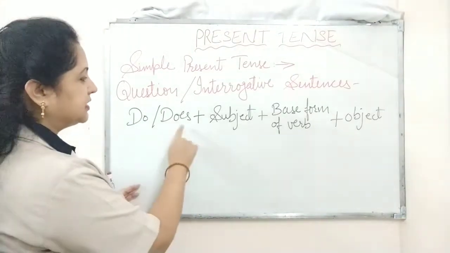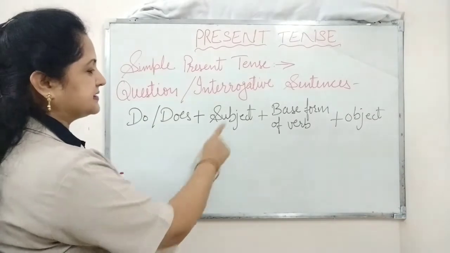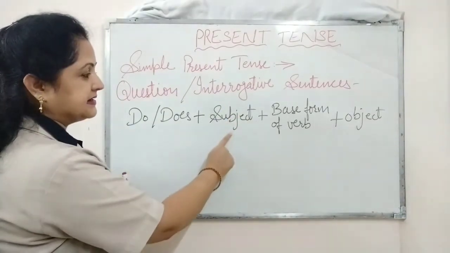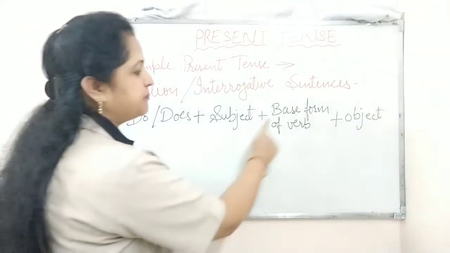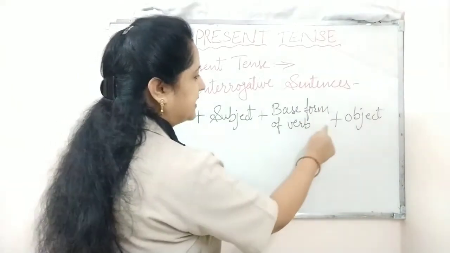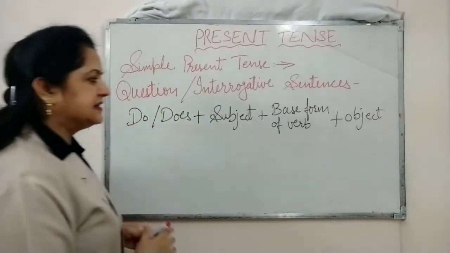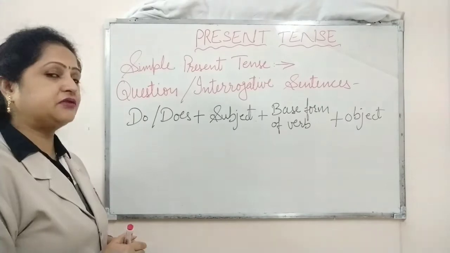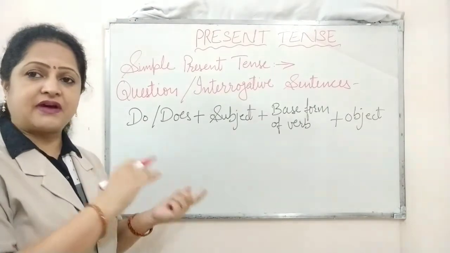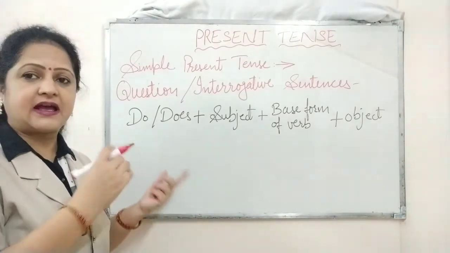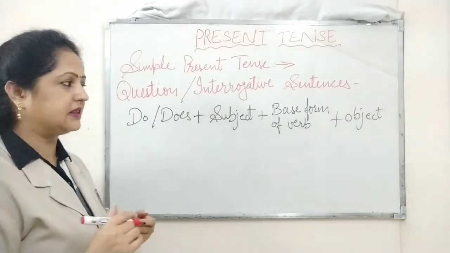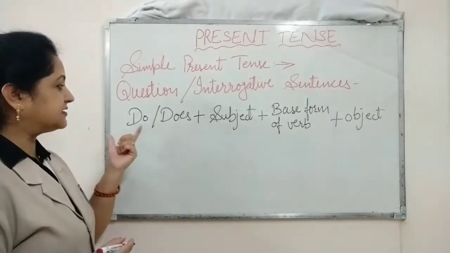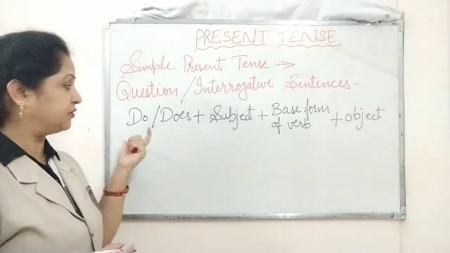After writing do or does, write subject and then base form of verb and then object of the sentence. Let's make two sentences again here, one using the singular number and the other using the plural number.